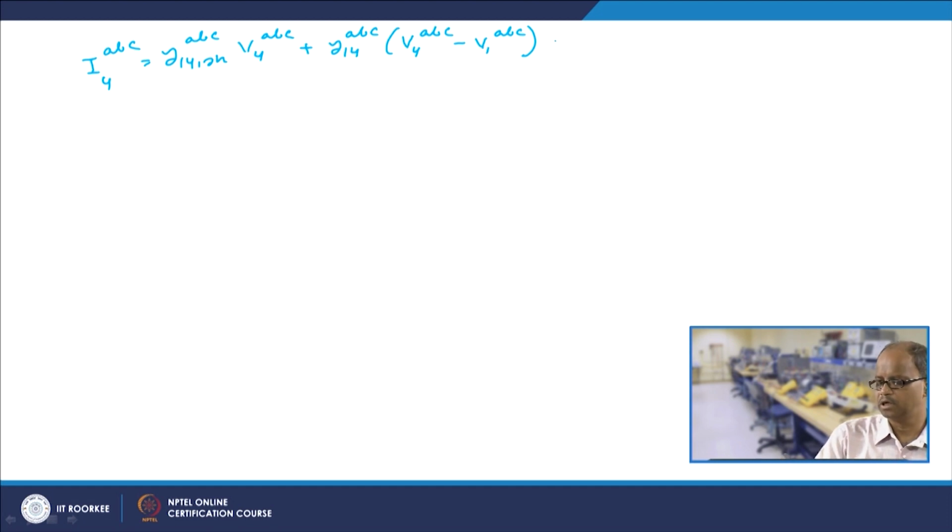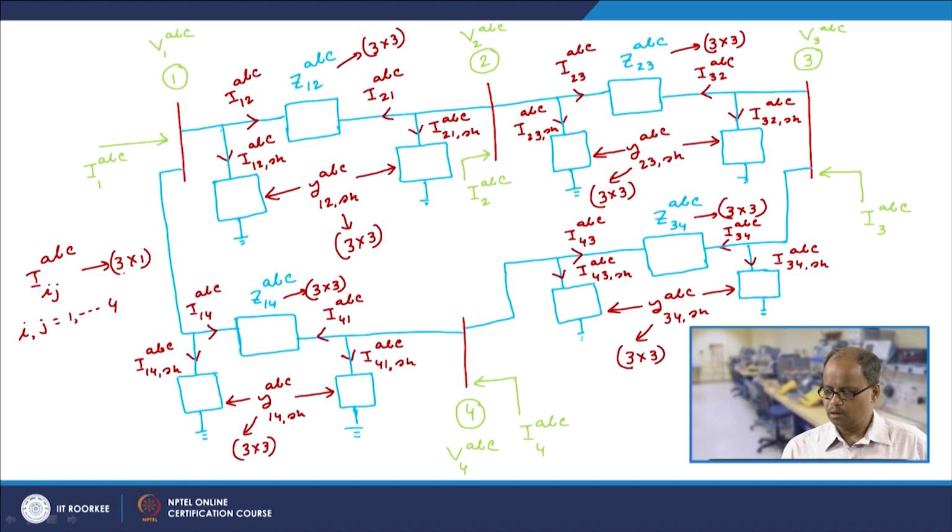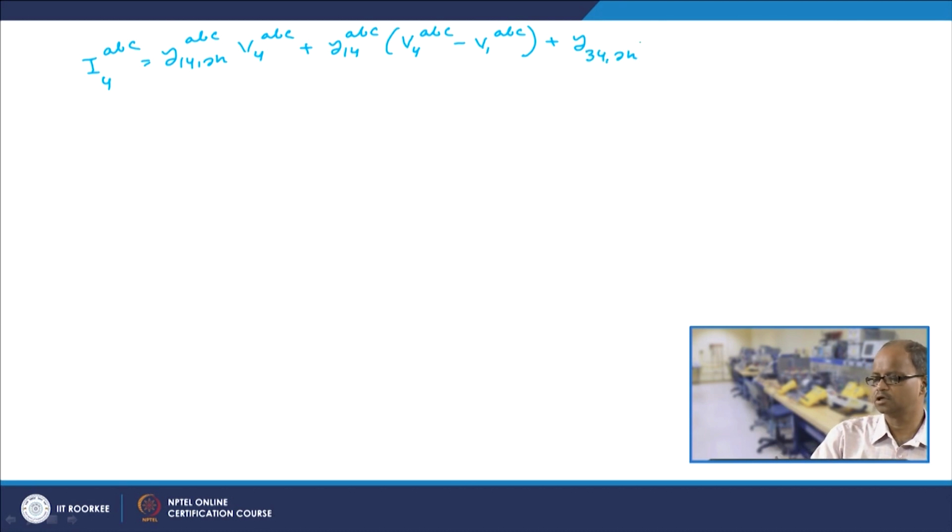So then therefore I4 ABC is equal to Y14 shunt ABC into V4 ABC plus Y14 ABC into V4 ABC minus V1 ABC plus Y34 shunt ABC into V4 ABC plus Y34 ABC into V4 ABC minus V3 ABC.